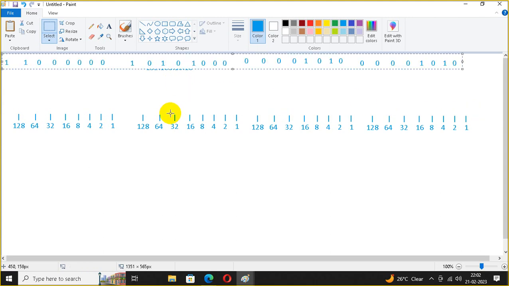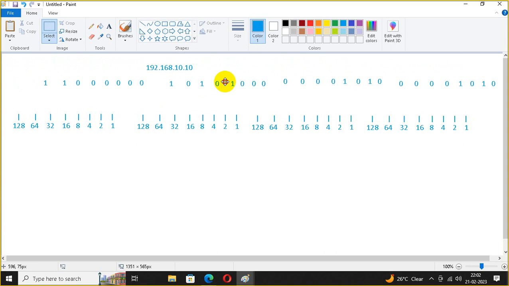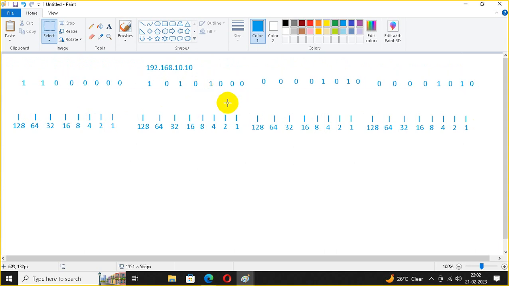So whenever you enter 192.168.10.10 into a computer, got my point? Whenever you put this into a computer, it makes it in binary format.